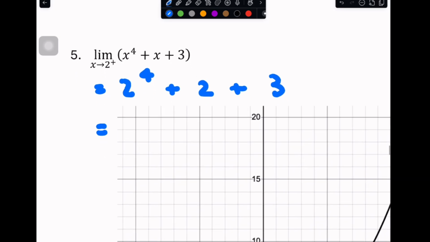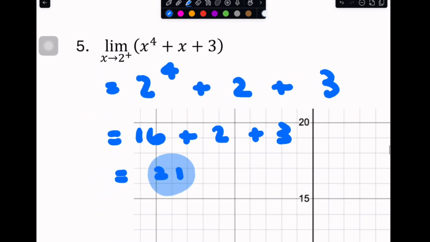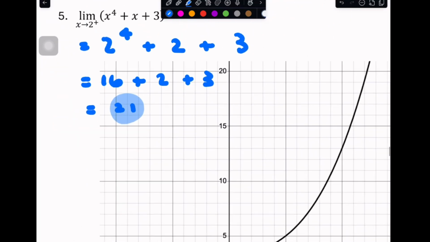What's 2 to the 4th power? 16. 16 plus 2 plus 3. What does that give you? 21. You can look at the curve and see that as you approach 2 from the right, the y-coordinate should be 21.